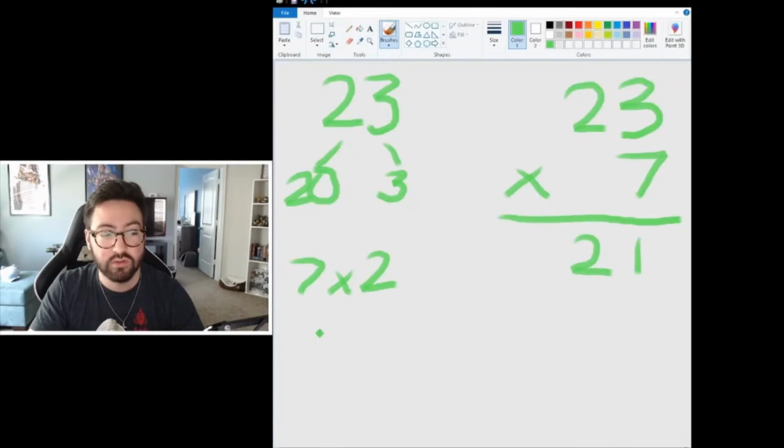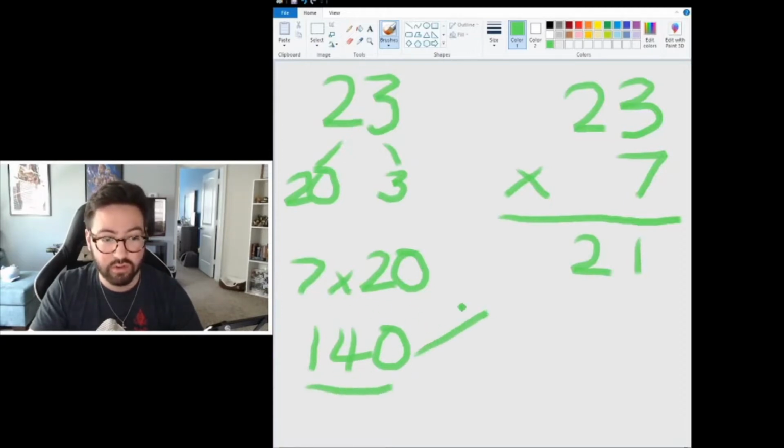Well, 7 times 2 is 14. But we're actually doing 7 times 20, so that 0 that we pretended wasn't there, we're actually going to add onto our answer. So 7 times 20 equals 140, and we're going to write this number here below the 21 that we wrote earlier.